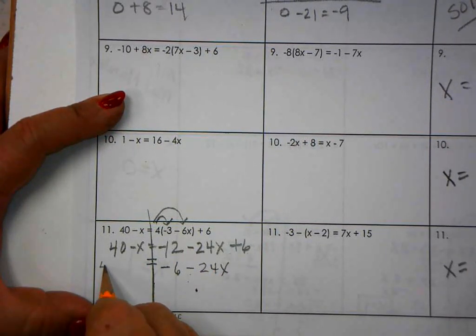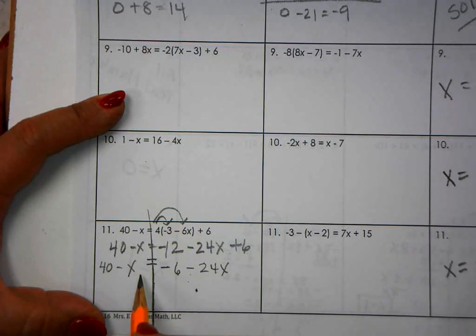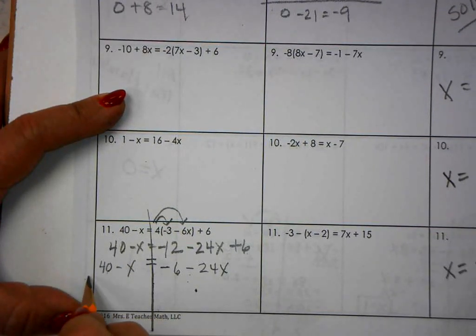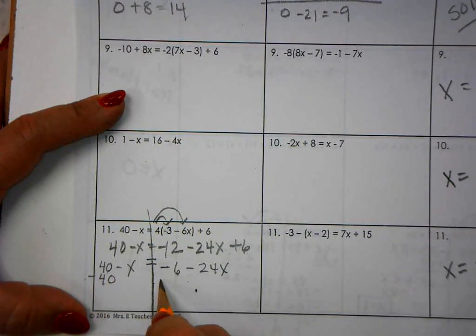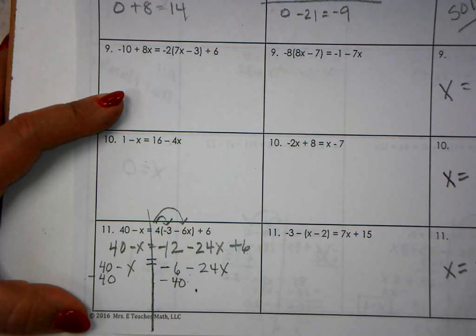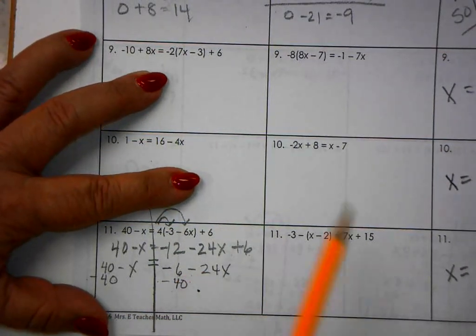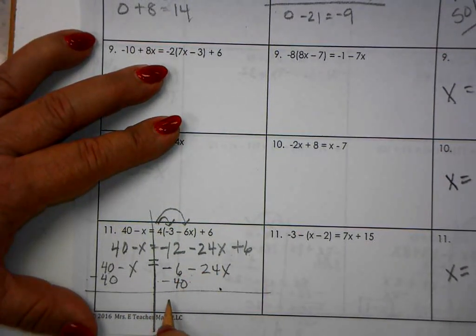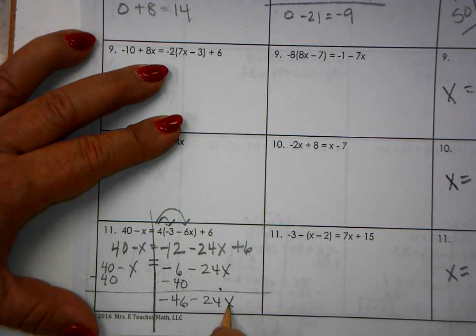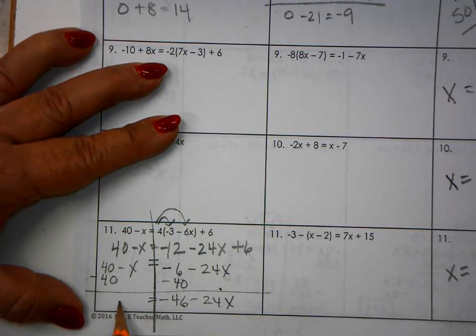And I bring down my 40 minus x. All right, I'm going to take my 40 minus negative 40, negative 40. This is going to give me a negative 46 minus 24x equals negative x.